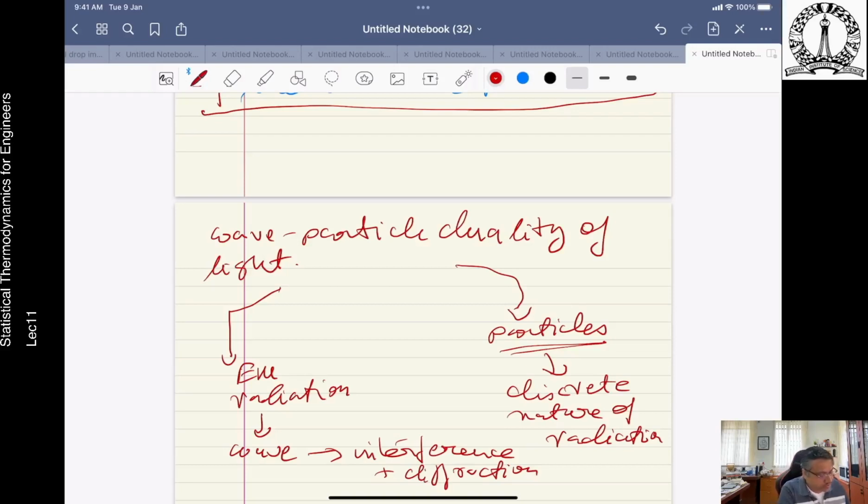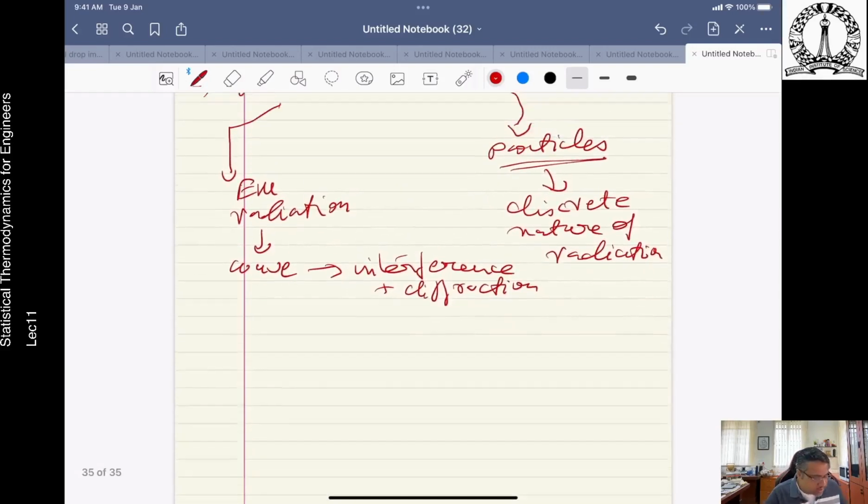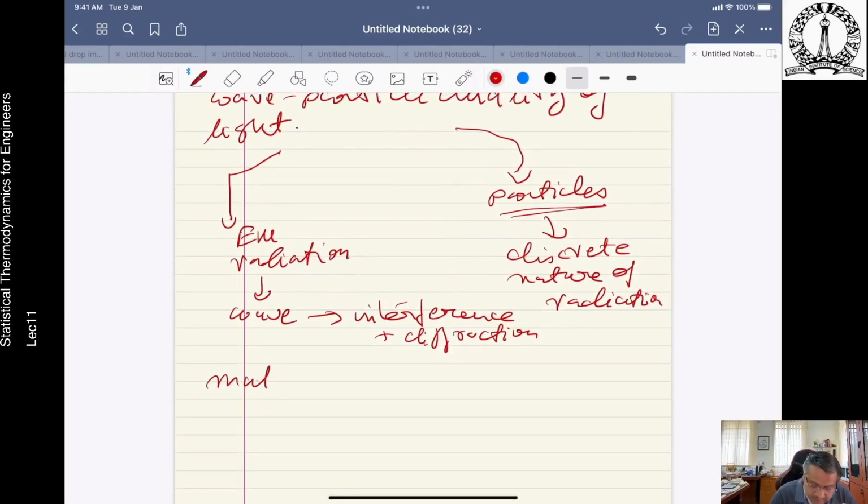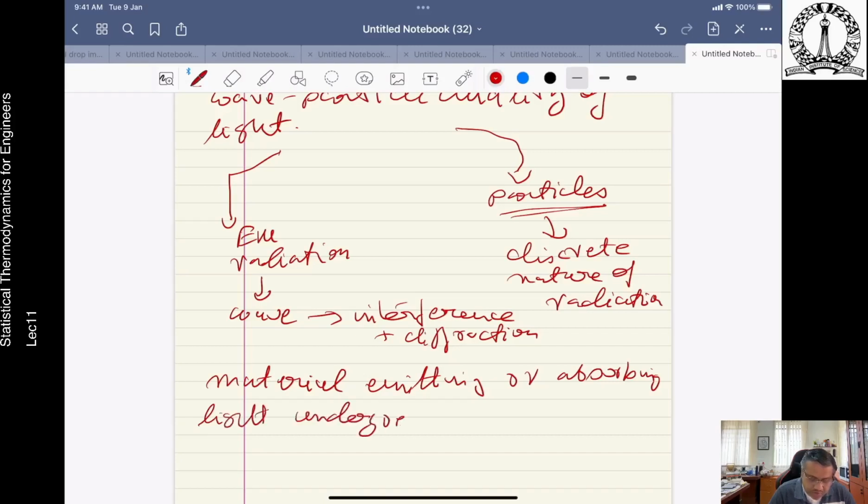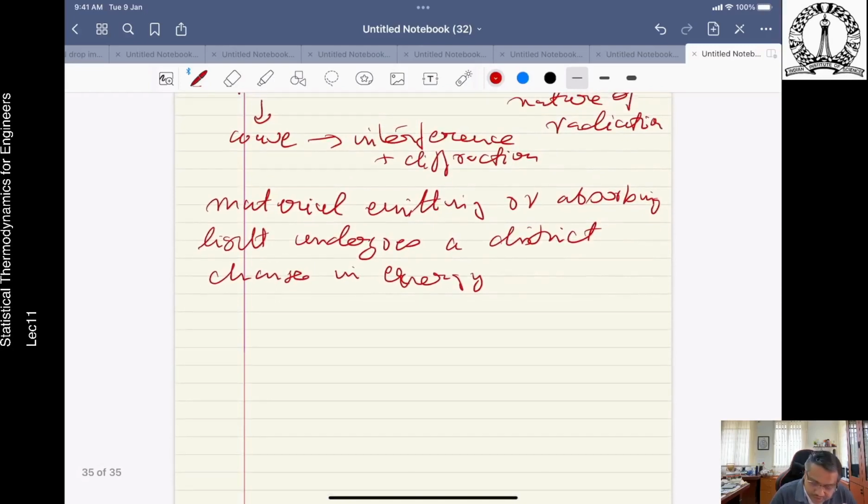So this also subsequently means that the material emitting or absorbing light undergoes a distinct change in energy, which is given as delta E equals h nu.